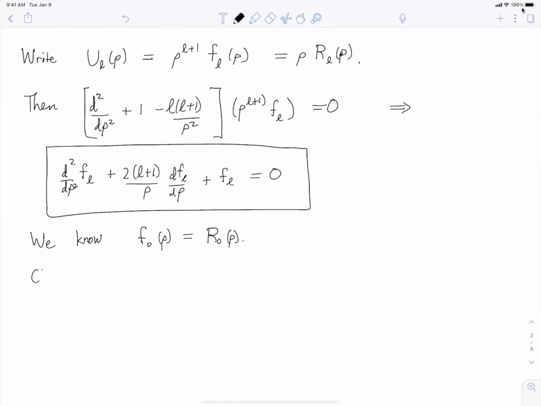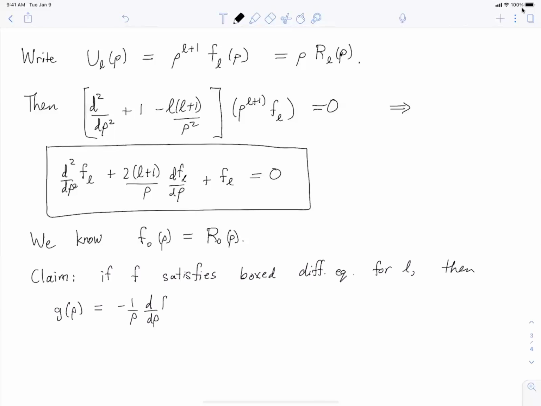And so here's the claim that makes this change of variables worthwhile. If F satisfies the boxed differential equation, the previous box, for L, then I can define a new function g, which is minus 1 over rho times the derivative of f.